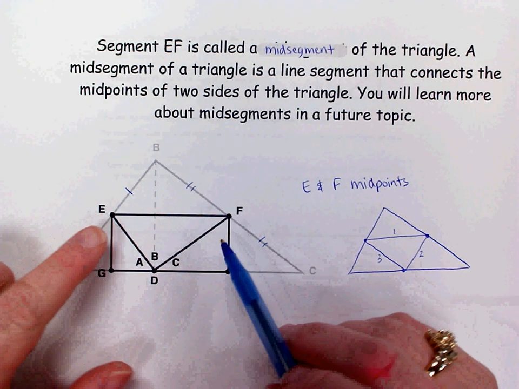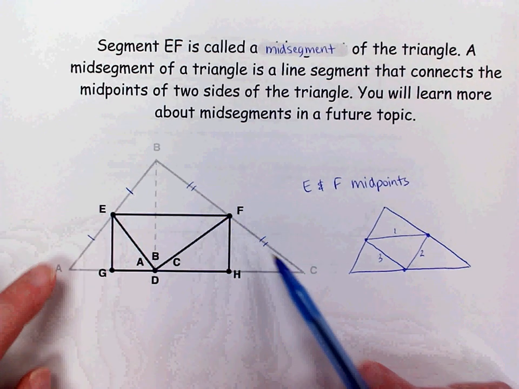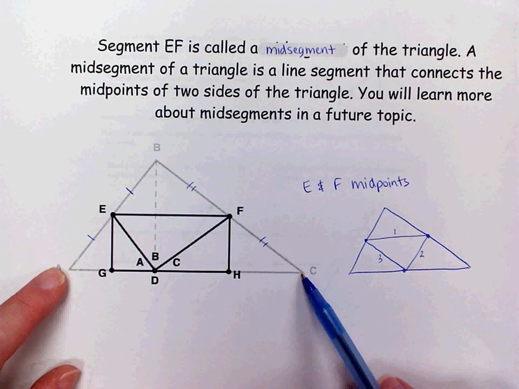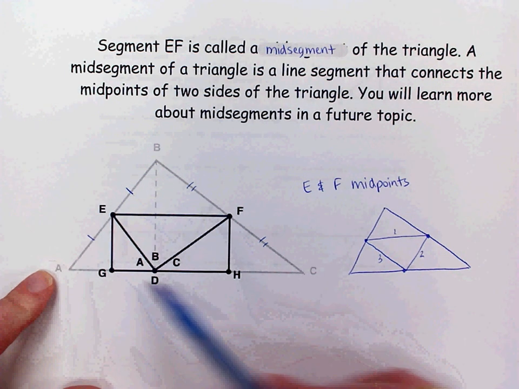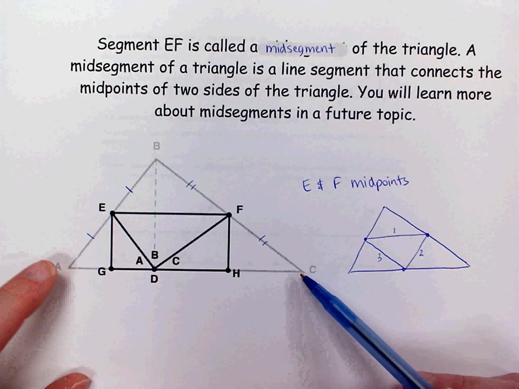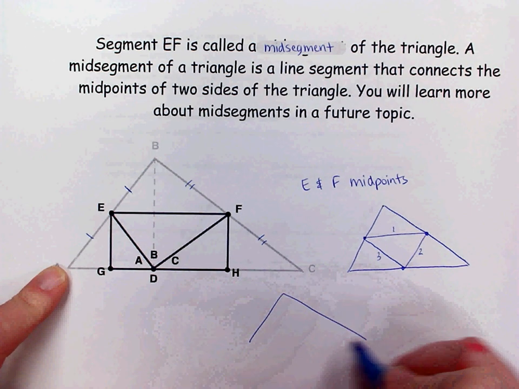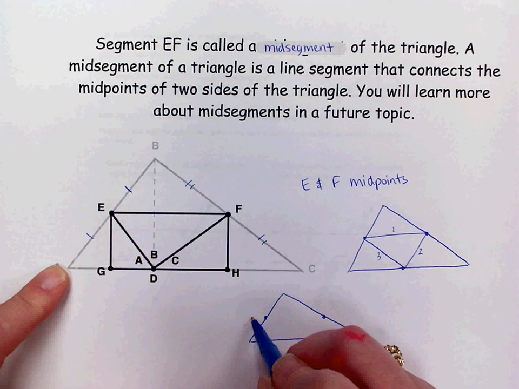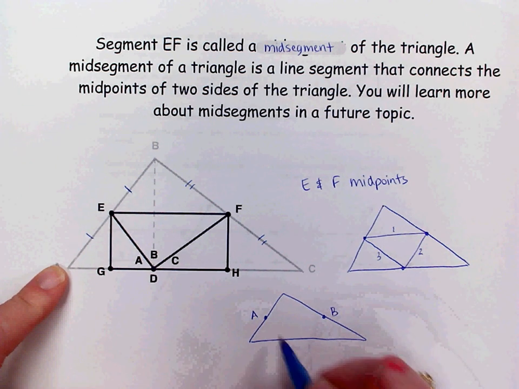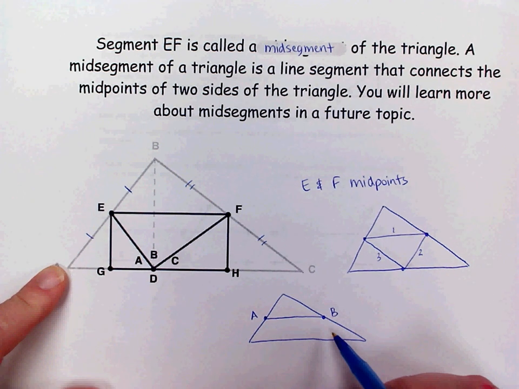So we learned a relationship: the mid-segment's length is half of that of the side that we'll see it is going to be parallel to. So EF and AC are also, we're going to learn, parallel to each other. So if I gave you a triangle and I told you these are the midpoints, and I'm just going to call them A and B here, then I would know that the segment connecting them is a mid-segment.